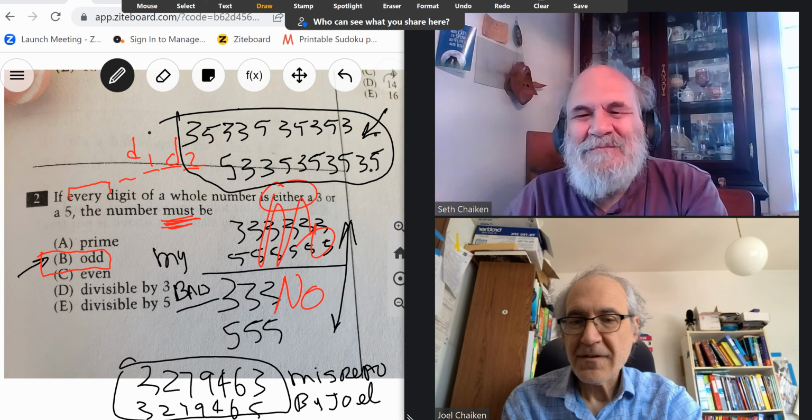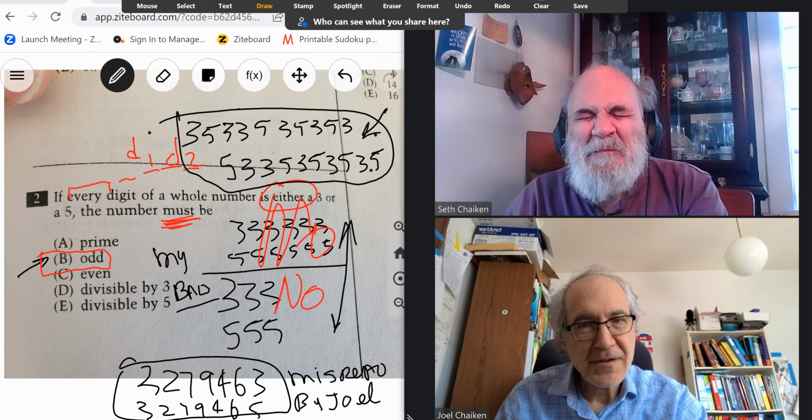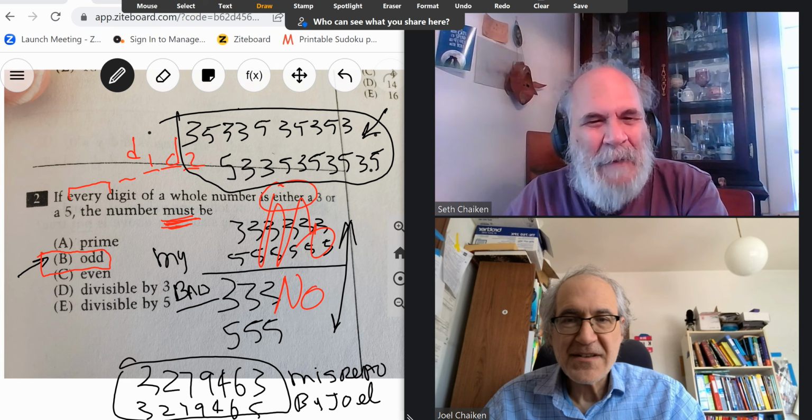So that's great. Hold on 1 second. So prime numbers cannot end in a 5. That's right. Prime numbers can't end in 5, so the answer can't be prime.